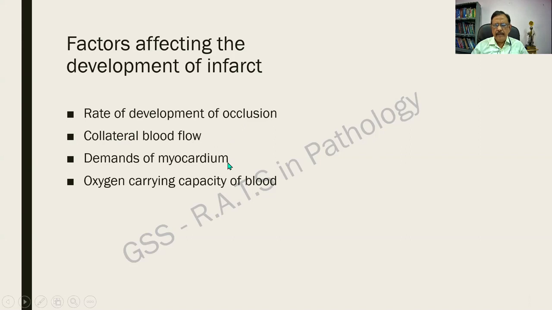Demands of the myocardium: actively pumping, and then if the patient is having hypertension, he goes in for infarct. Oxygen carrying capacity of the blood: if the patient is severely anemic, then he is prone to an infarction. Rate of development of the occlusion, the collateral blood flow, then the demands of the myocardium in size or function, oxygen carrying capacity of the blood. These are the factors that affect the development of an infarct.